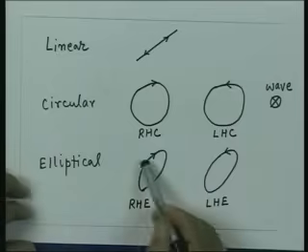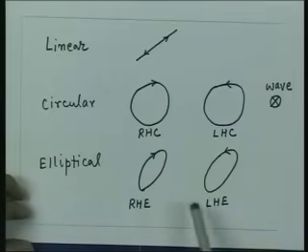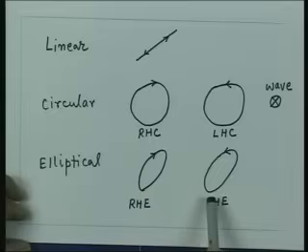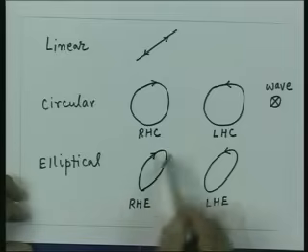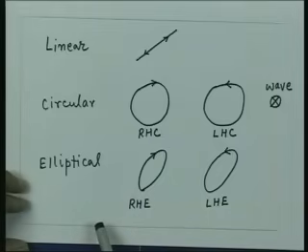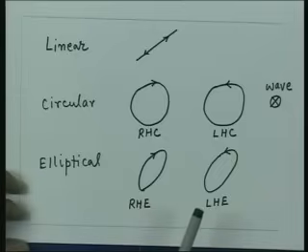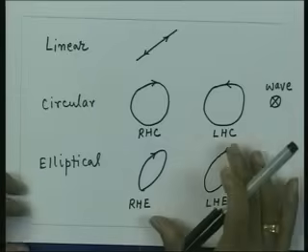So, if I define the axial ratio for this, which is the major and minor axis, and if I define the orientation of the major axis with respect to the x axis, by these two parameters the ellipse can be uniquely defined.